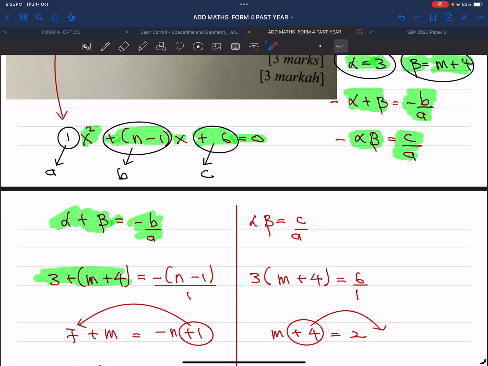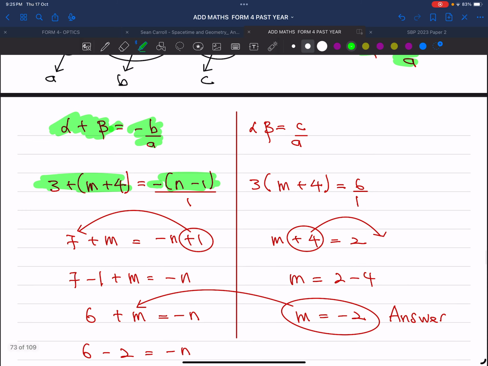On the right hand side, b is n minus 1, don't forget the negative, and our a is 1. Now 3 plus 4 is 7, so the left hand side is 7 plus m. On the right hand side, anything over 1 gives back the same thing.